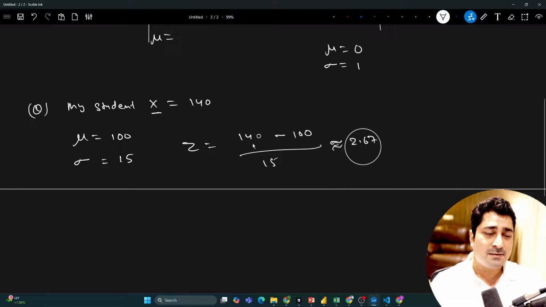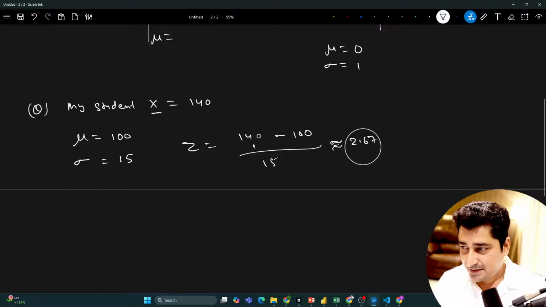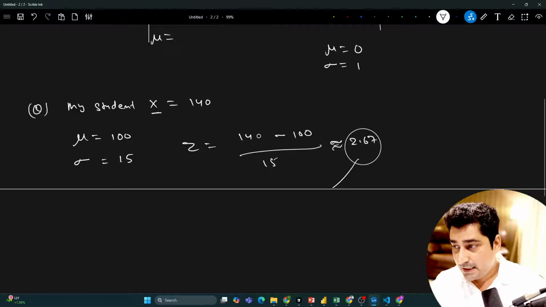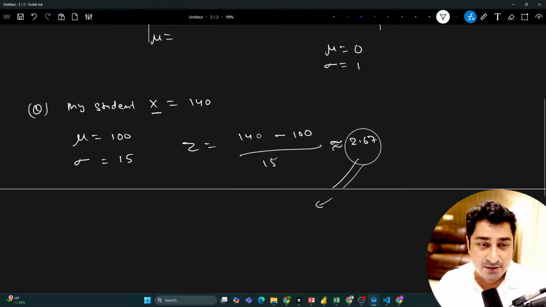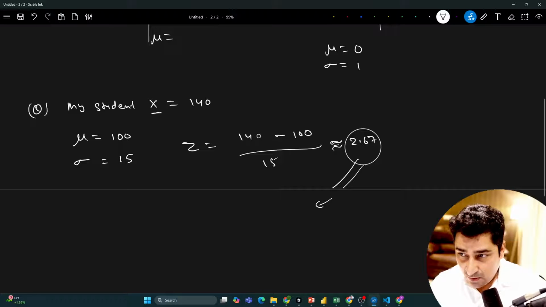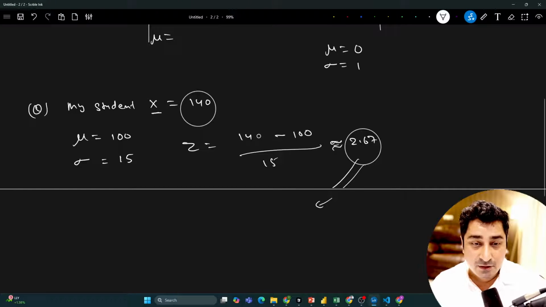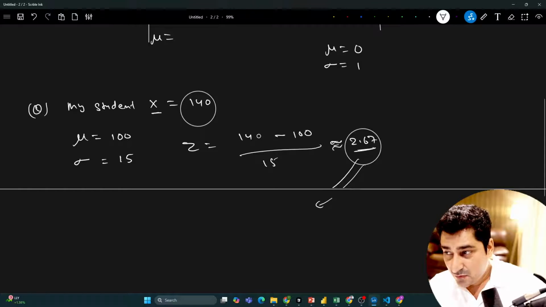Yeah, Z is approximately equal to 2.67. Now what is this Z technically representing? This Z is technically trying to represent how many standard deviations a value is from the mean.